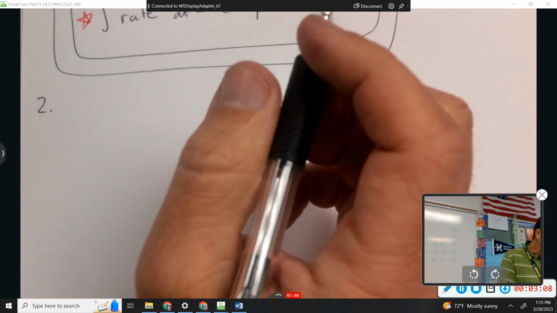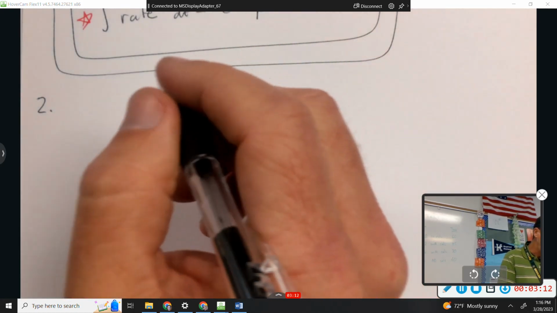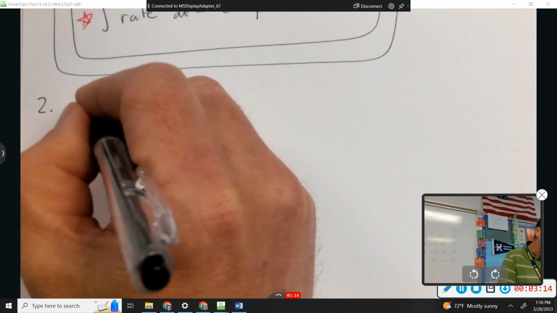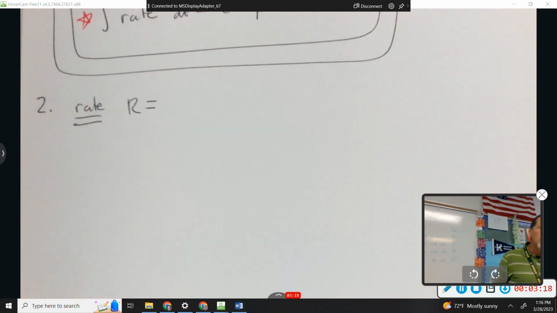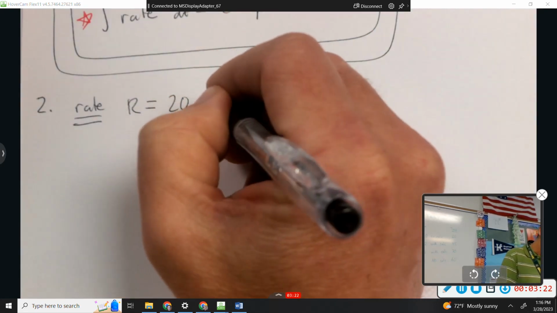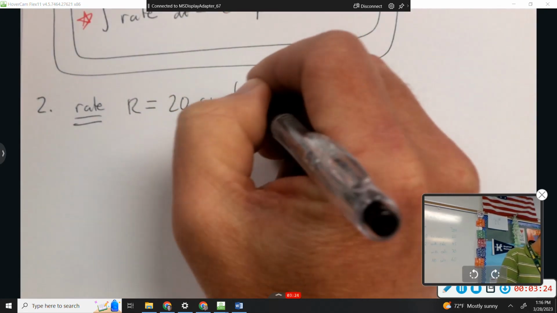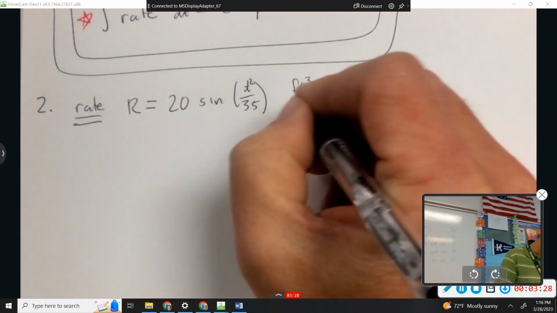Number 2. The rate at which rainwater flows into a drain pipe is modeled by the function R. Okay, so already be careful. This is a rate where R equals 20 sine of T squared over 35 feet cubed per hour.